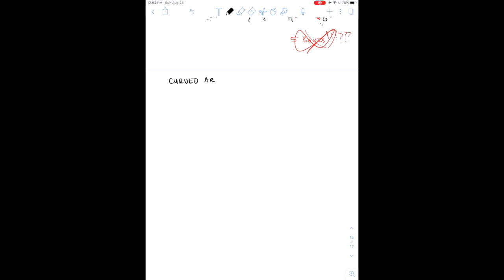So, notice the curved arrow notation that I was using just to show you the flow of electrons. The curved arrow notation is actually for the electrons only.